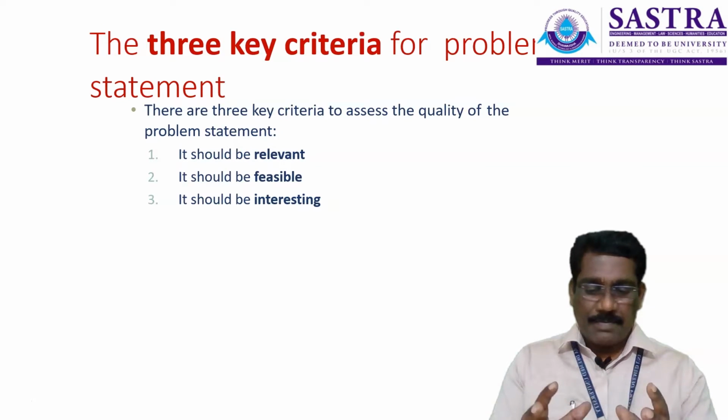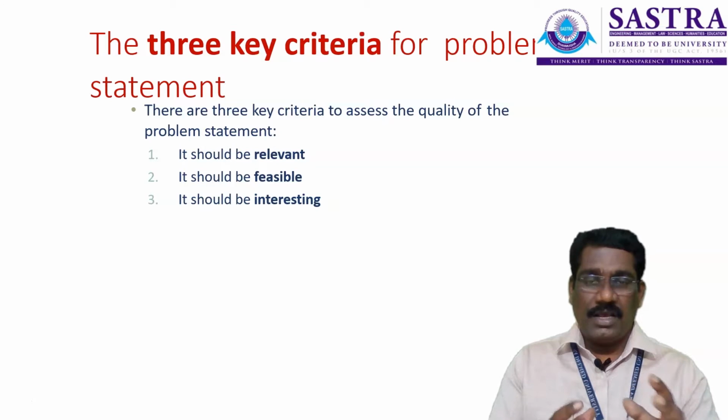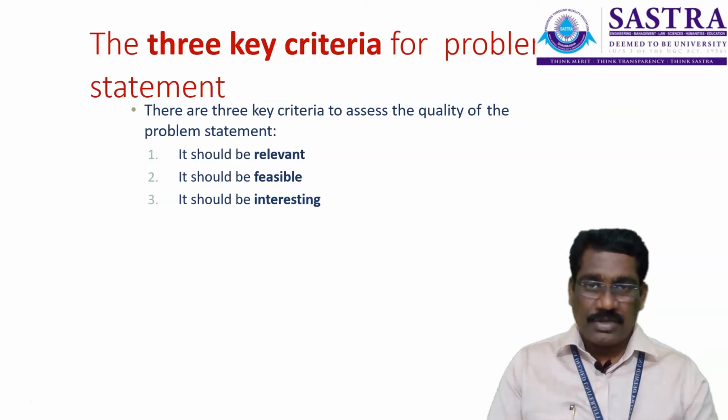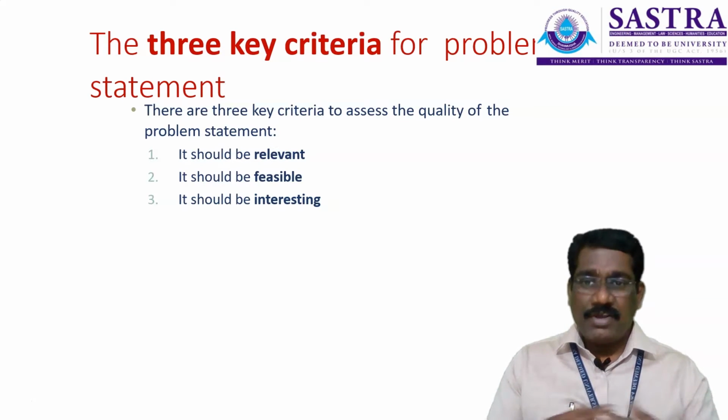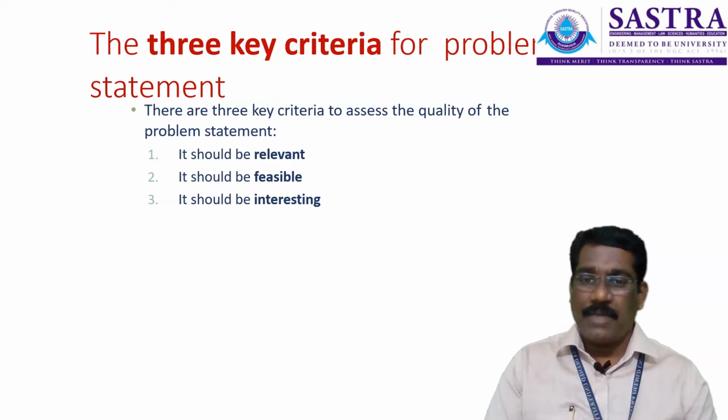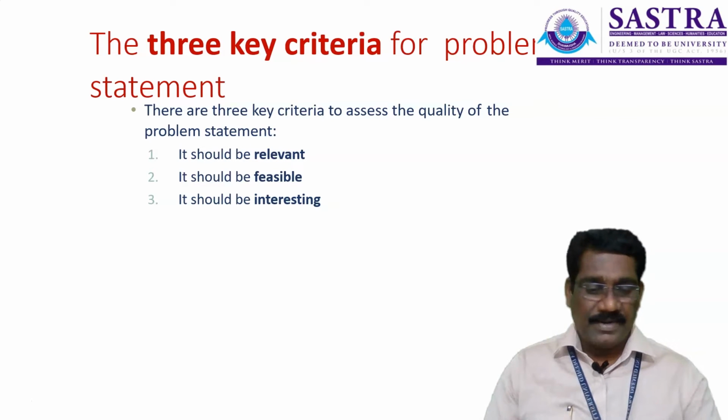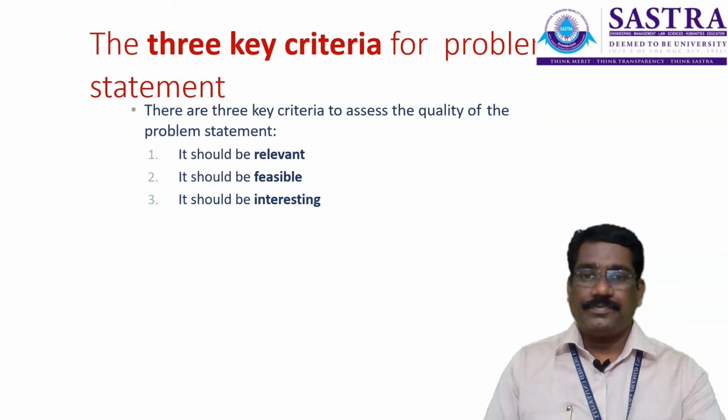The problem statement comprises the research question and research objective that are going to address the problem area. So whenever you develop your problem statement, these three important criteria have to be kept in mind: it should be relevant, feasible, and interesting.